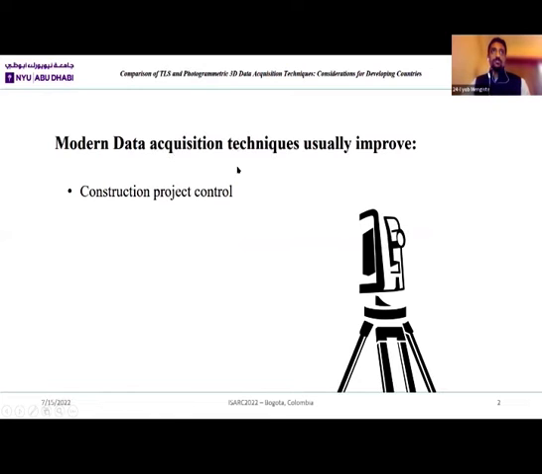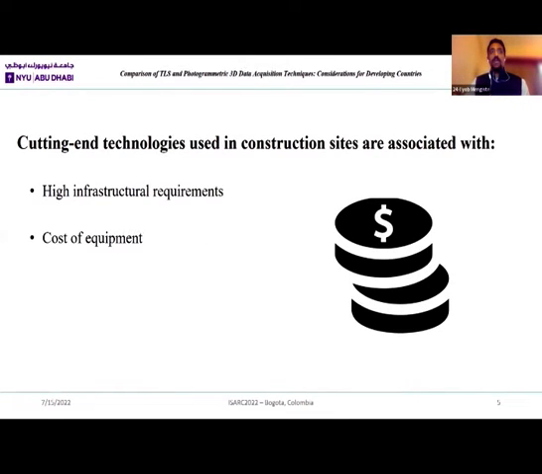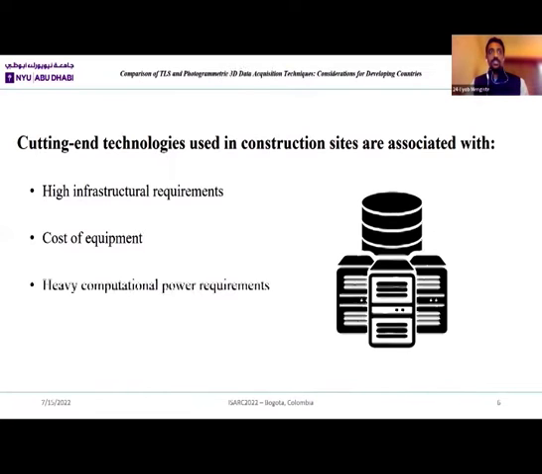First, about the background. Data acquisition techniques usually improve construction project control and productivity. And to enhance productivity and to have proper construction project control, we need to have high infrastructural access, or we need to have costly equipment. Or if we have both, then we need computational power to process the data that is already collected.